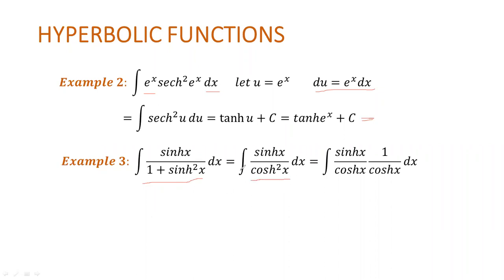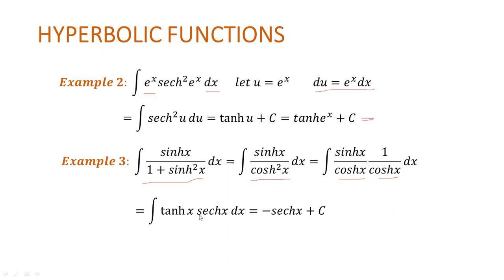Okay? This is equivalent to this. Now, this can be split into two hyperbolic cosine functions, and this one will be set as hyperbolic tangent of x times hyperbolic secant of x, which will represent an integral that is already basic, in which we can apply the formula.